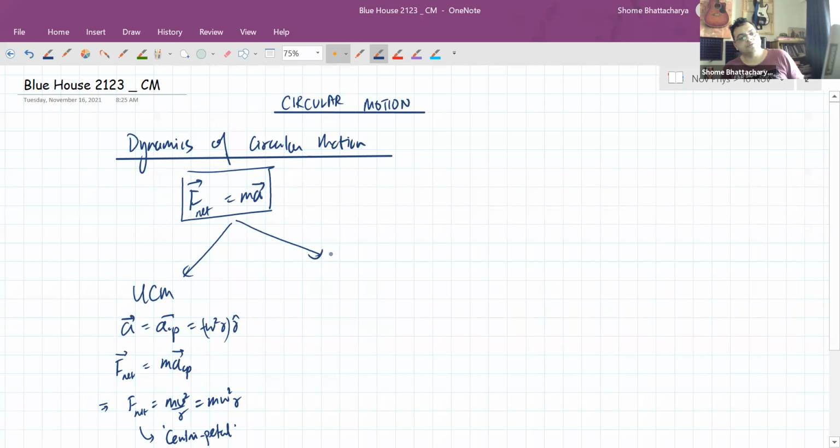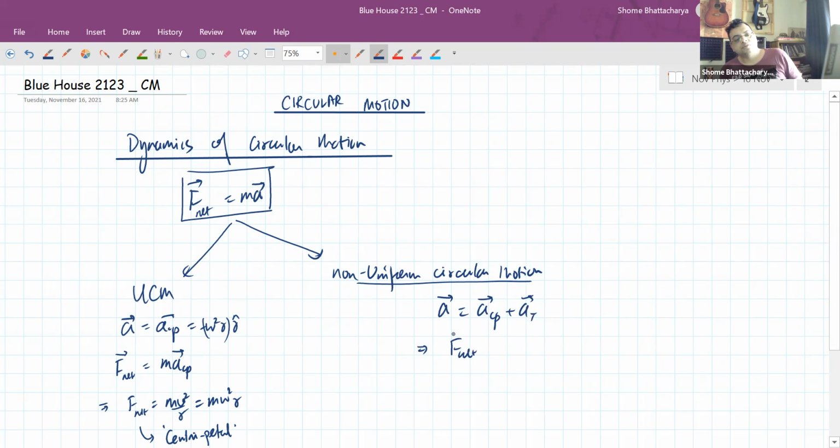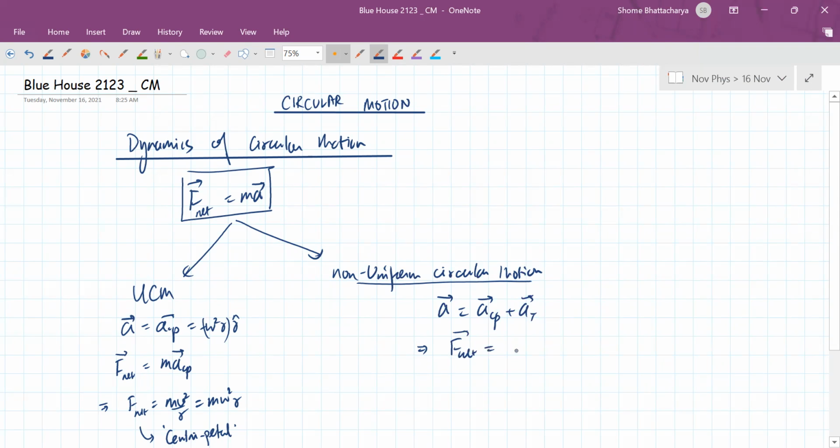Whereas in case of non-uniform circular motion, the acceleration is the sum of centripetal acceleration and tangential acceleration. So accordingly, the net force also has two components.